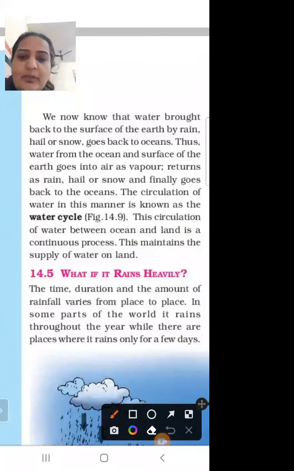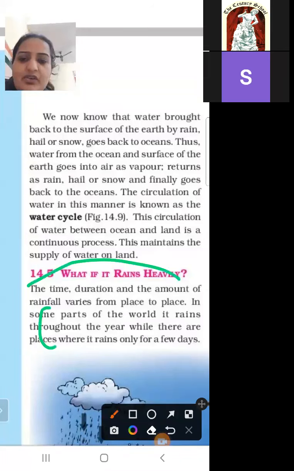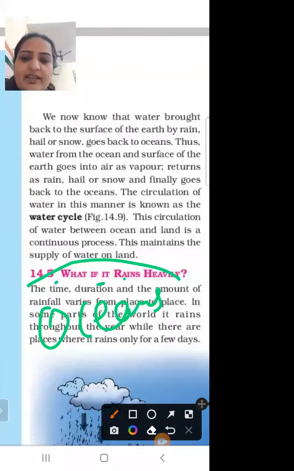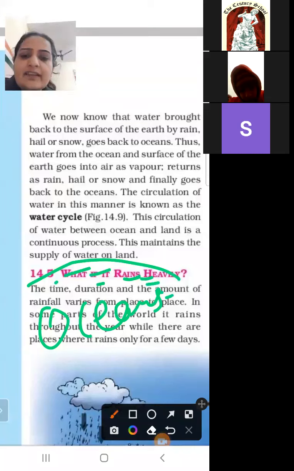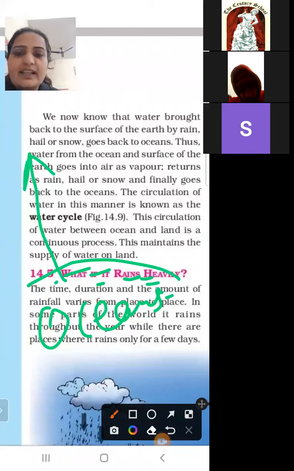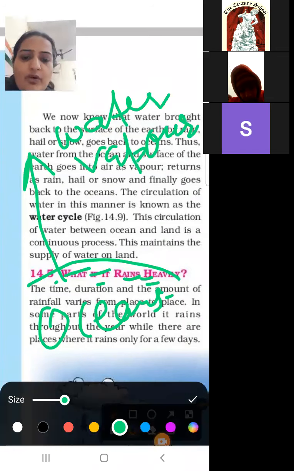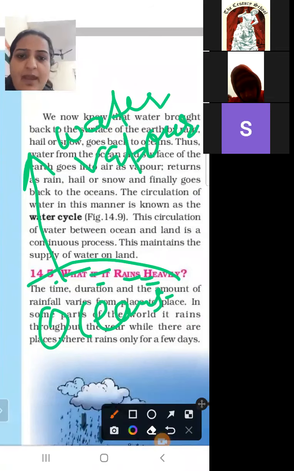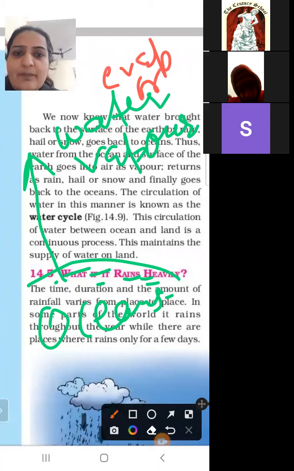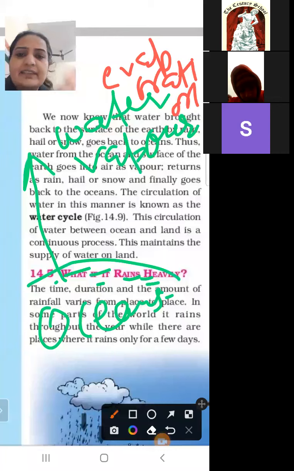Suppose this is our ocean where water is present, and then due to heat, this water goes into the air in the form of water vapor by the process of evaporation.